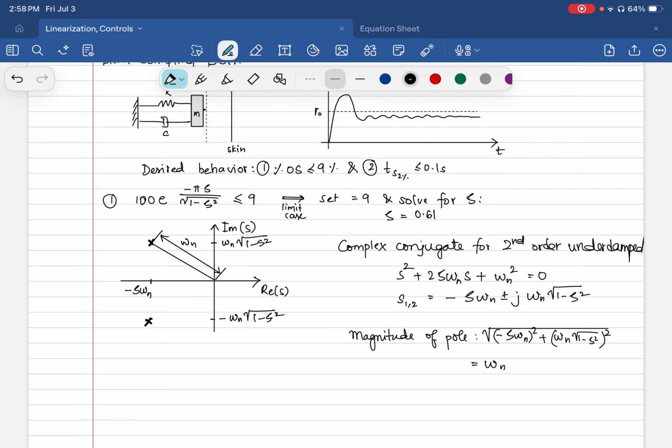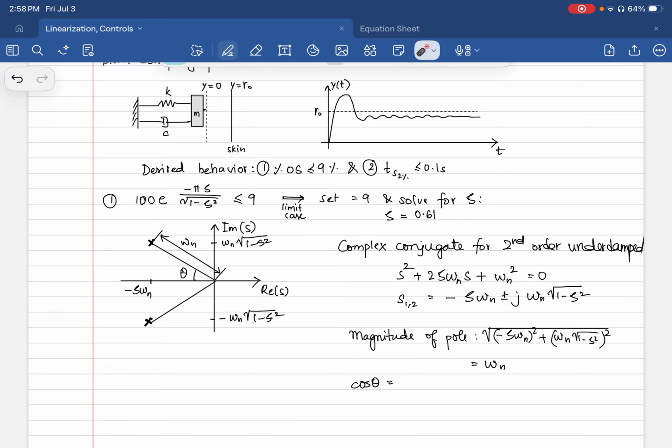Now, can you see a way of extracting zeta? Not yet, because there is some theta here. If you now look at cos theta, then you can extract your zeta.